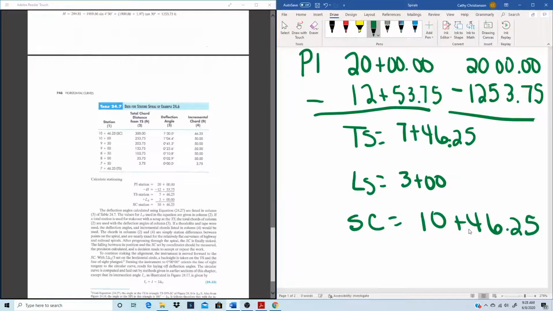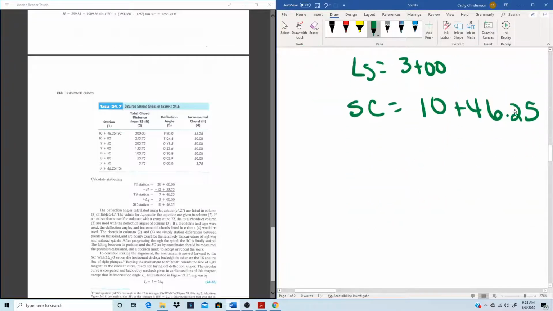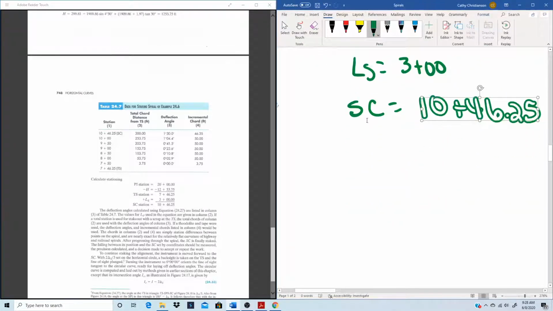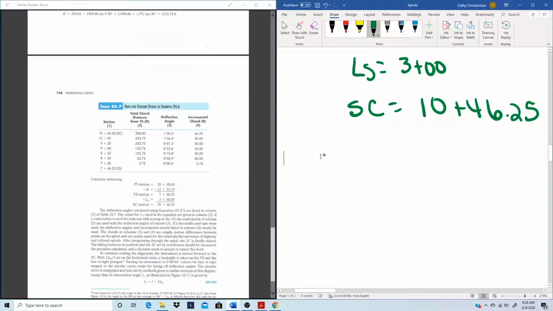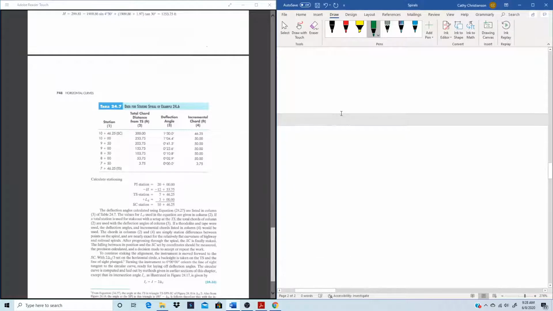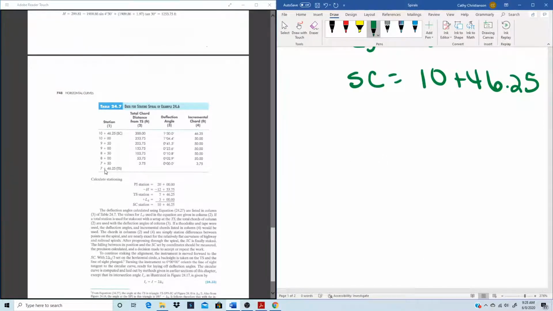So not bad, not really bad. It's just breaking it down. But we did all those equations just to be able to solve for our curve. So I'm ready to get you started. All right. So we want to set the curve up like a table. 24/7. So there's our TS that we just solved for. And there's our SC.